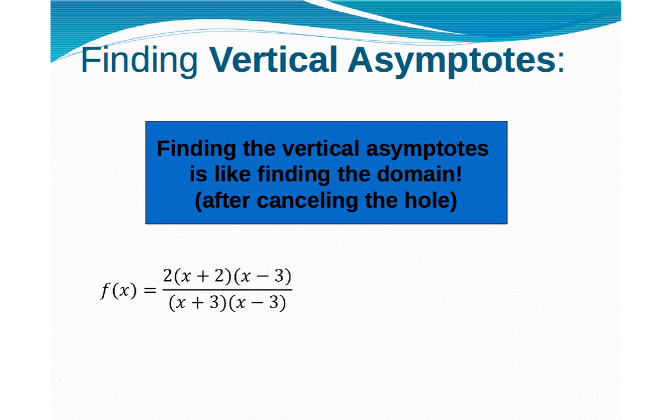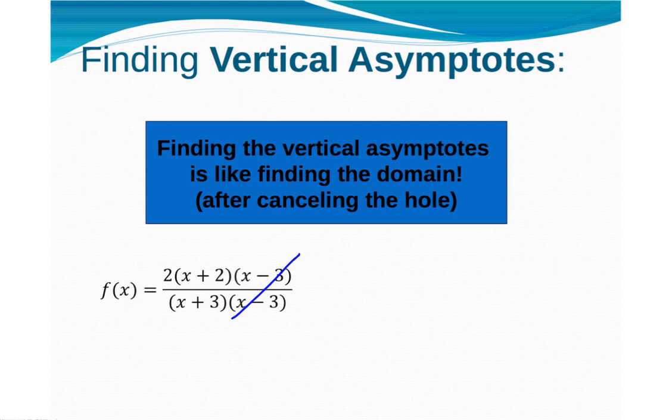We're coming down to our last two pieces, our vertical and horizontal asymptotes. When we are looking for our vertical asymptote, it's like finding the domain after canceling the hole. So here, our hole canceled, and we're left with 2 times x plus 2 on the top and x plus 3 on the bottom. We use the top piece to find the zero.